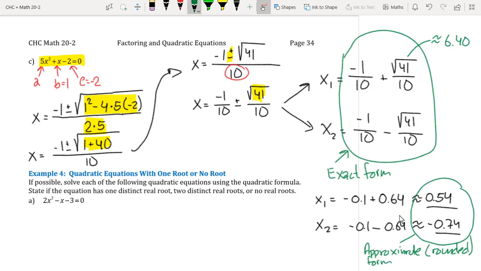And which way you will answer depends on what the question is asking you to do. In this particular question on the previous page, it says round to the nearest hundredth. So we would provide our answers like this.